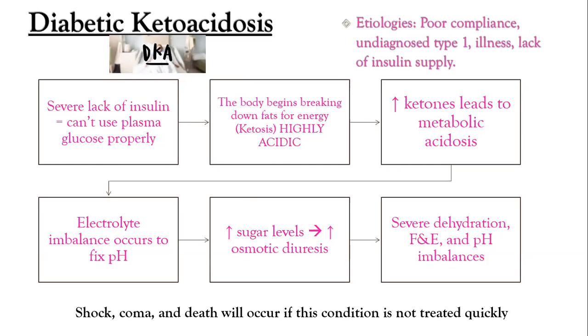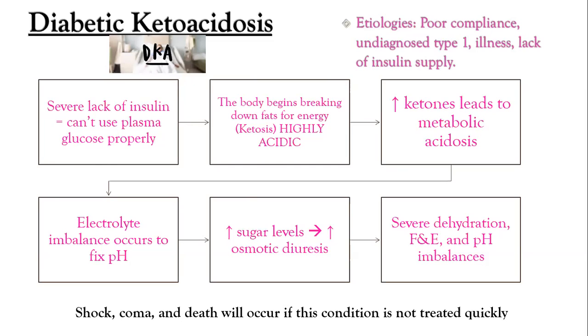This is before they're possibly diagnosed. So some causes or etiologies are poor compliance, undiagnosed type 1s, illness, or lack of insulin supply, which is unfortunately occurring a lot nowadays for how expensive insulin is, and this is why diabetics are dying.